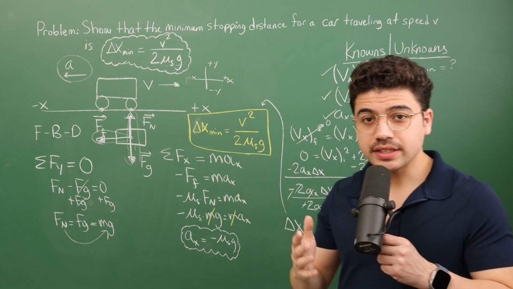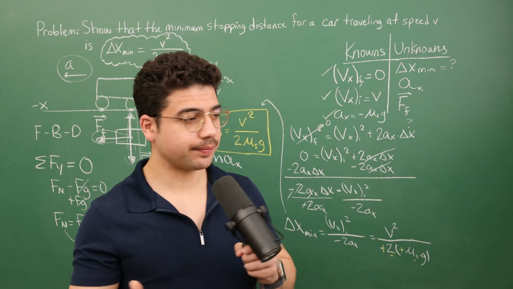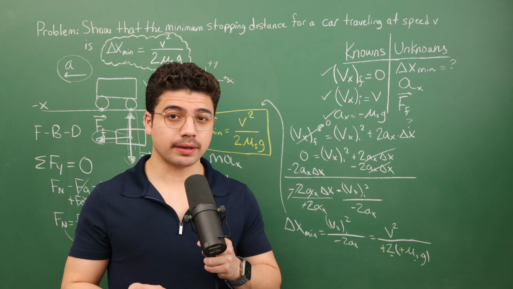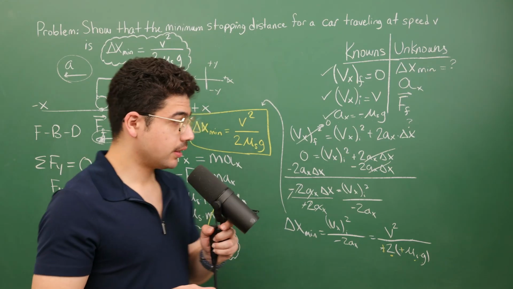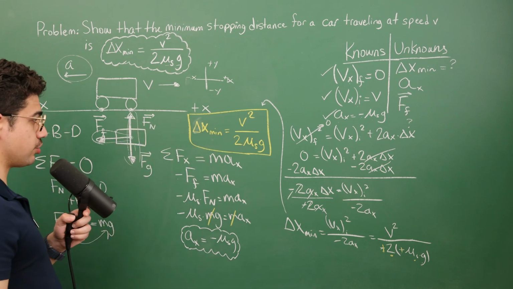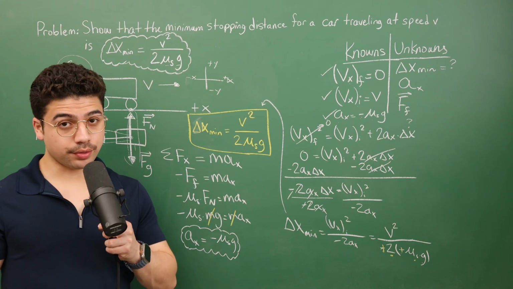So here we combined a few different ideas about Newton's laws and kinematics together in order to show that this formula was true. Now let's go ahead and try a bonus question. The question is, how would this minimum distance change if we were on the moon instead of the Earth?